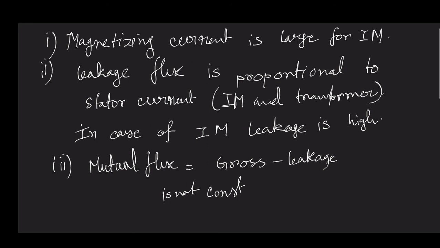The point here is that in case of transformer you can observe a very small variation of mutual flux due to leakage flux, because in transformer leakage is very small.